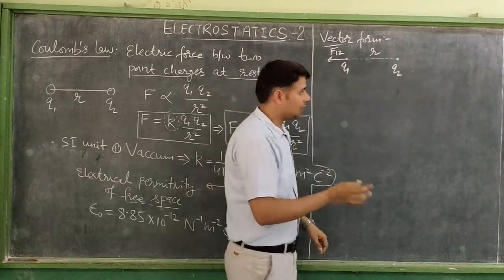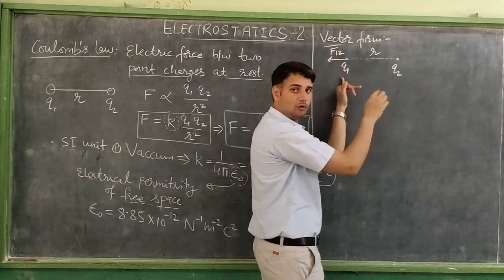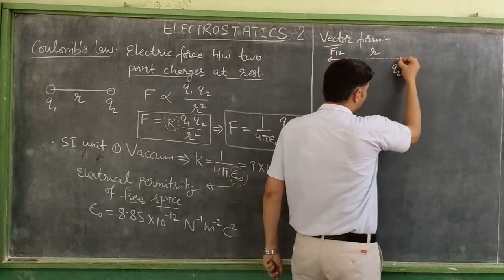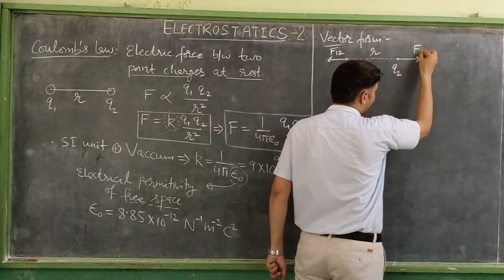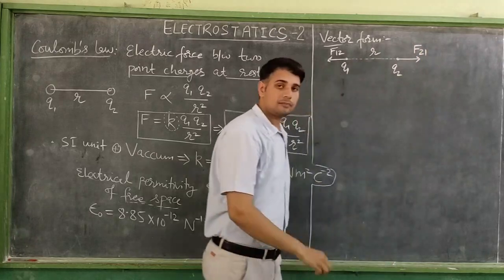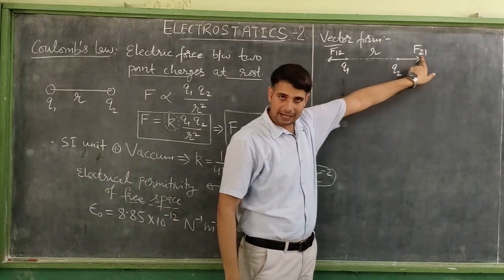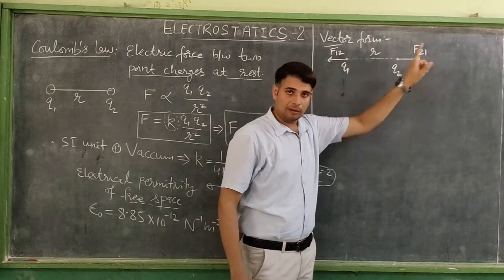Repulsive means if I am observing here, this first charge is going to repel this second charge. So the direction will be something like this. I will write F21. How are we going to read this? Force on the second charge due to the first, force on 2 due to 1.